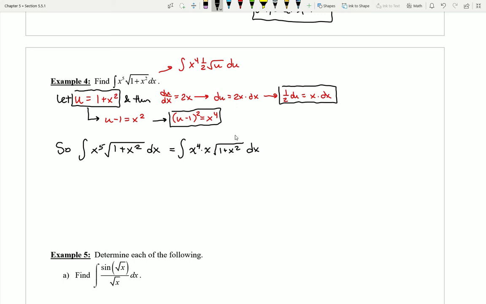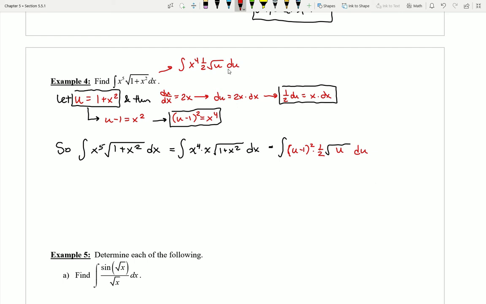So notice that when I start to make my replacements, in place of this x to the 4th right away, I can put in this quantity of u minus 1 all squared. In place of my x dx, I can put in a 1/2 and a du. The square root symbol hasn't gone anywhere, but underneath it, I've put in a u. I have transformed this completely into an integral with u's, but is it an easier integral to work with?